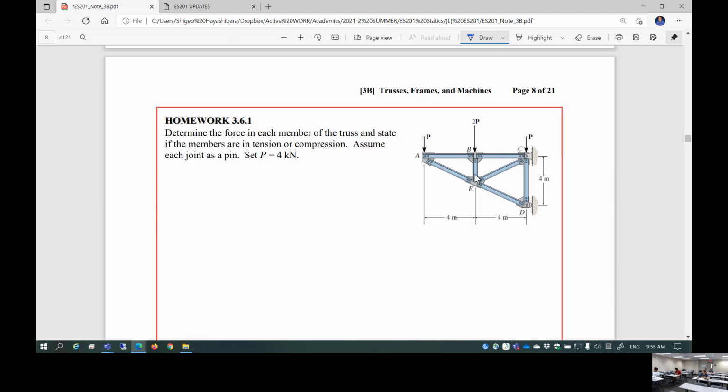Oh, the only thing I can never find is this. In order to find this, you need the support reactions, too bad. So you have to draw the entire diagram to find the support reactions. In this case, yeah, because otherwise you can never find this internal loading.